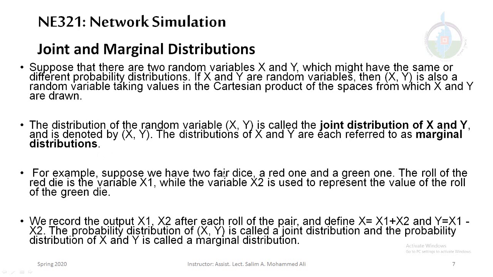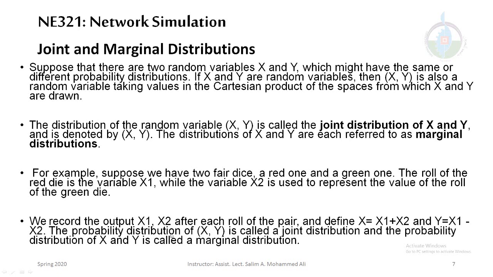For example, suppose we have 2 fair dice, a red one and a green one. The roll of the red die is the variable x1, while the variable x2 represents the value of the roll of the green die. We record the output x1, x2 after each roll of the pair and define x equal to x1 plus x2 and y equal to x1 minus x2.